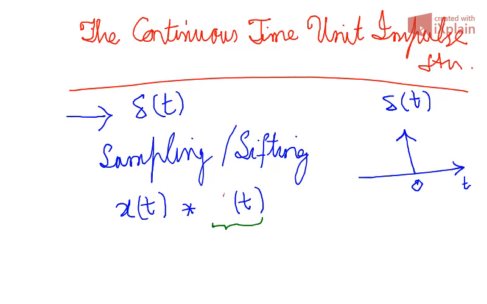Let me write it properly. This is actually delta of t. We would see the result of this kind of thing, because later on you may be using it in integrals, right? You may have expressions something like this.